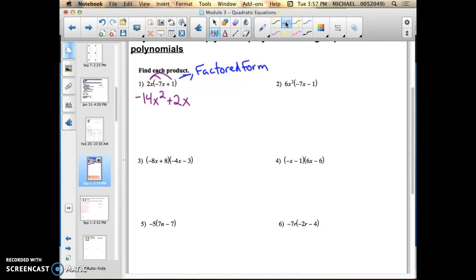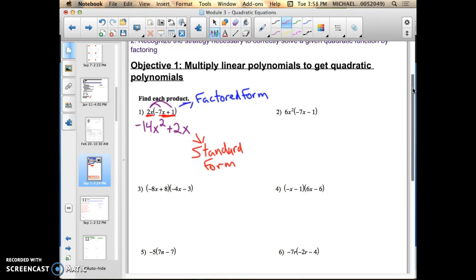Now, if you notice, this is a factor. There's one of the factors. This is a factor. Alright? And I have gotten it into standard form. Standard form should look familiar to you. We have worked with standard form in Module 2, and we will work with it all through Module 3 as well. So in order to complete this objective, I need you to recognize that they are all in factored form to begin with, and you are multiplying them together to get to standard form.